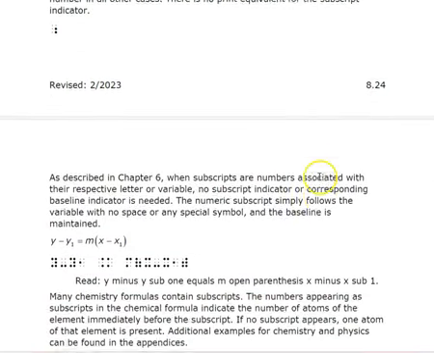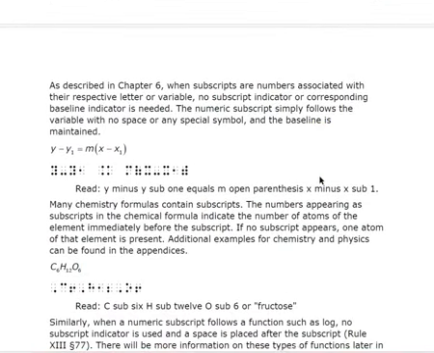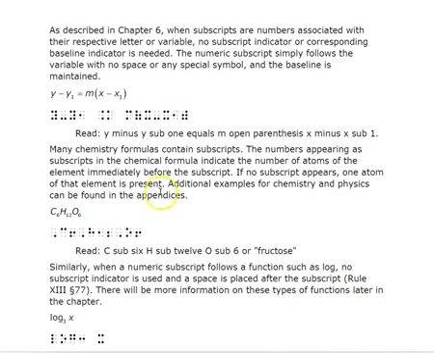We've got subscripts now, which is 5, 6. Okay, so remember that if the subscript is a number, you don't need to use a subscript sign. So we've got the very first example: y minus y1 equals m, parentheses, x minus x1.